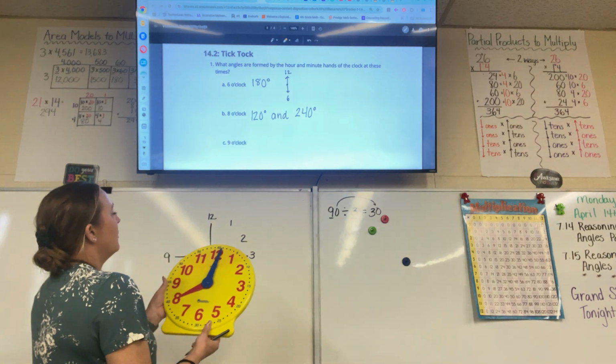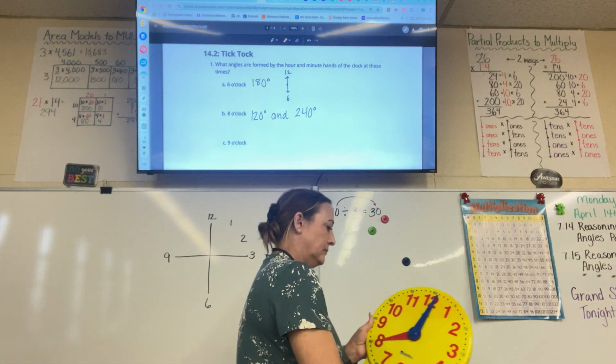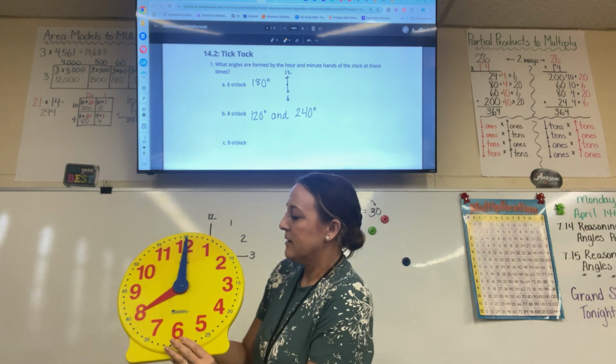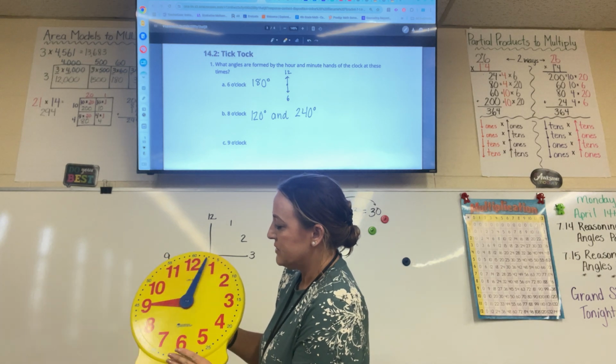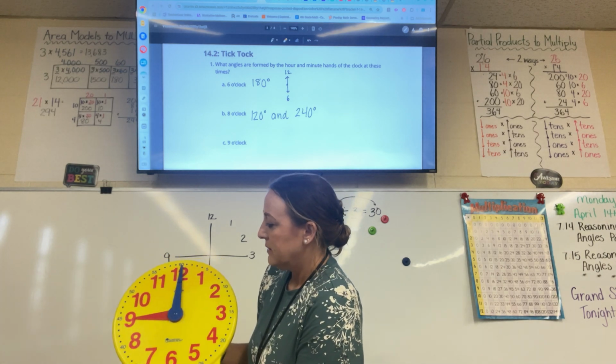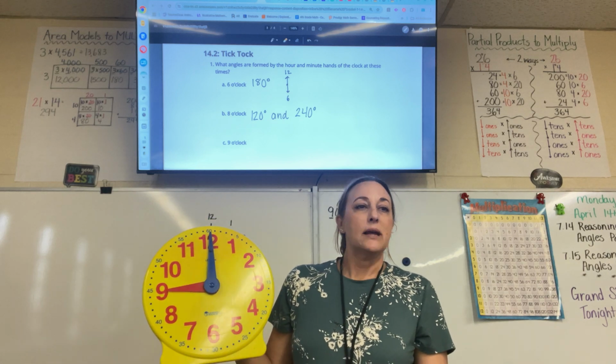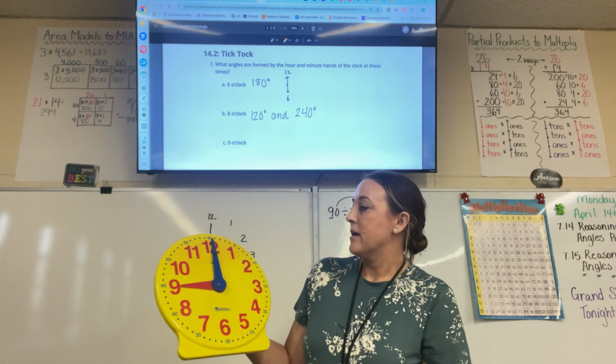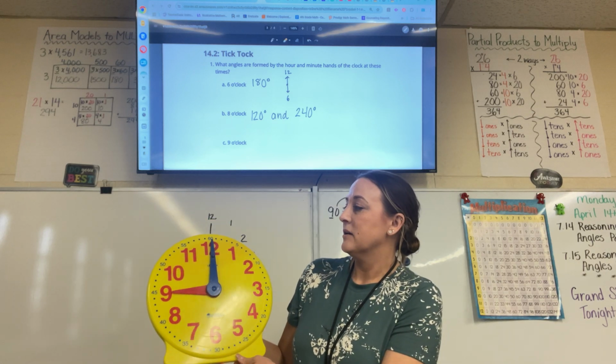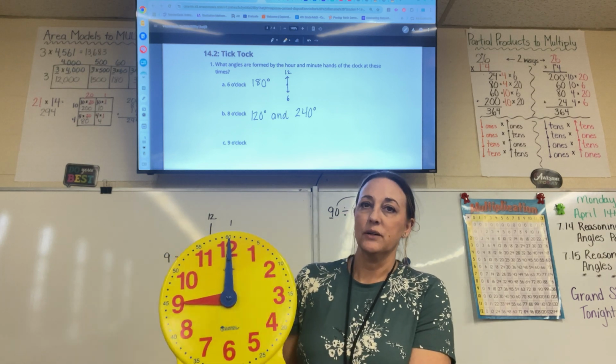Okay. So 9 o'clock is going to look like this. That's of course a 90 degree angle. That is what measure of angle, Fisher? 90 degrees.